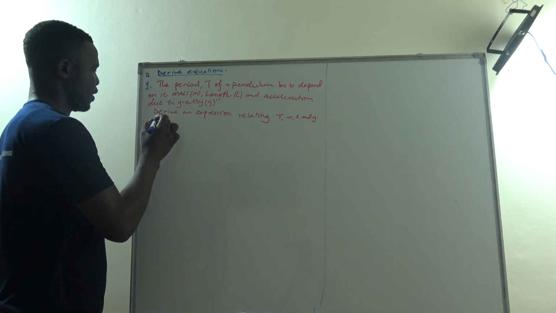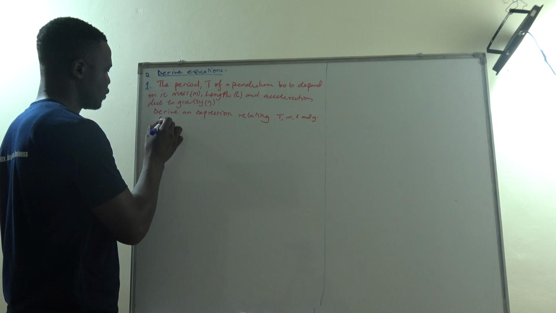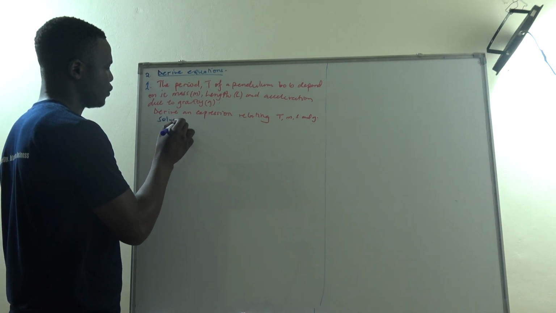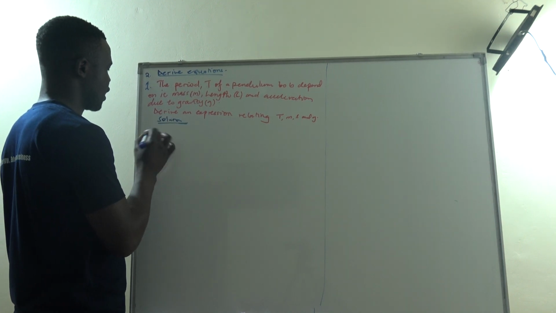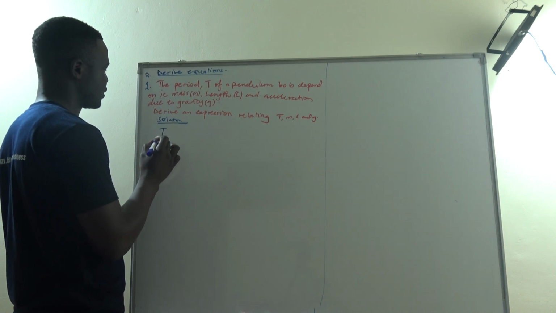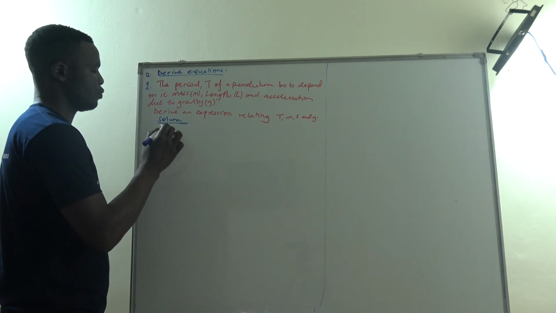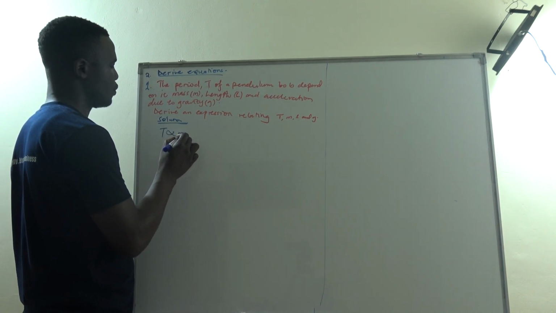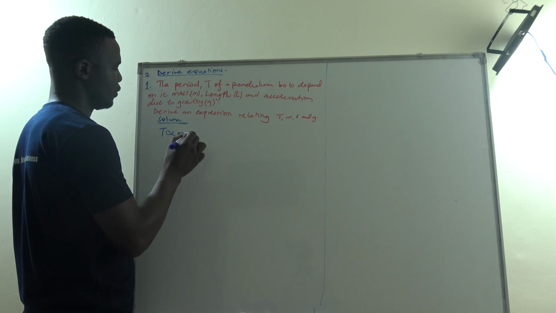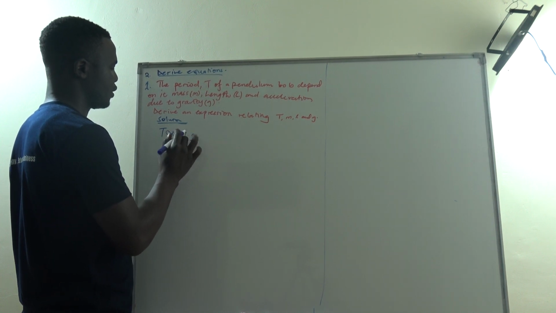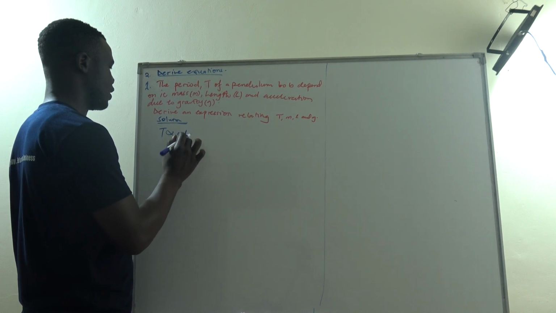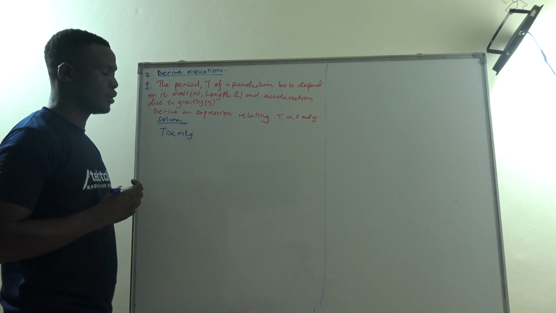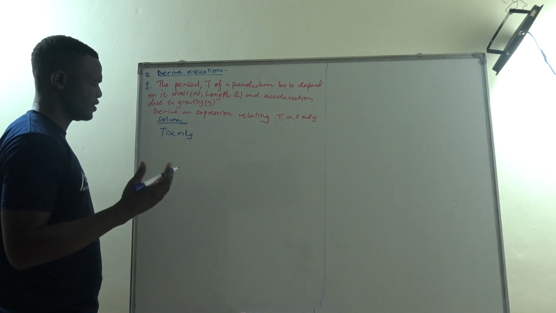In other words, if we summarize the question, they are telling us that the period T depends on mass m, length l, and acceleration due to gravity g.